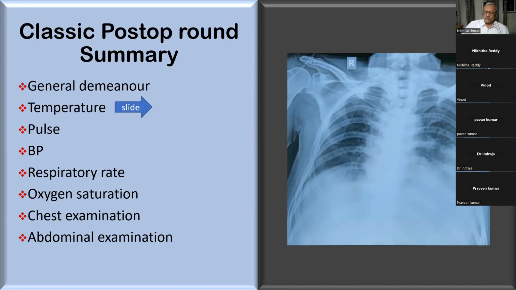So do not go by the classical pre-op situation of guarding and rigidity to diagnose abdominal sepsis or an abdominal catastrophe. The patient has tremendous amount of pain, needing a lot of narcotic analgesics for control.